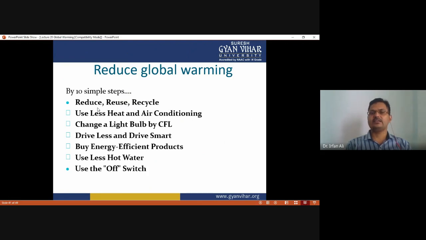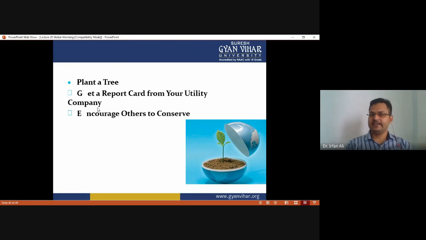Drive less and drive smart, buy energy efficient products, use less hot water, use the off switch whenever needed, plant a tree, get a report card from your utility company, and encourage others to conserve.